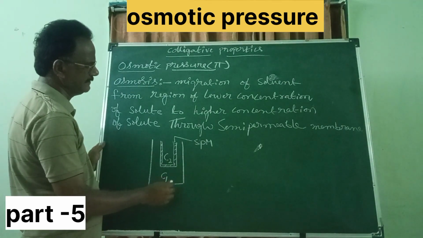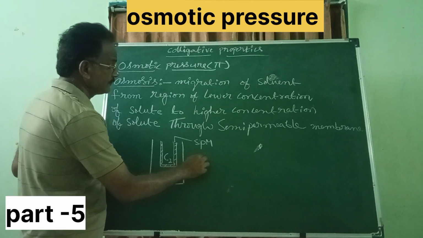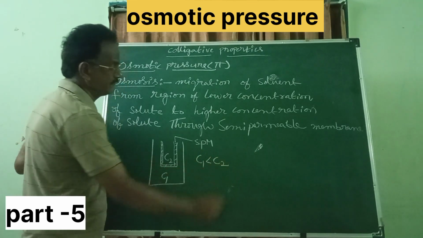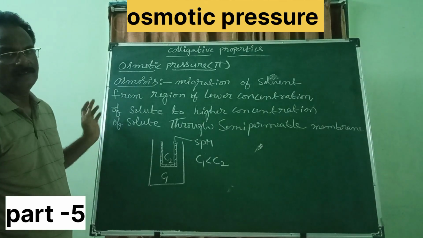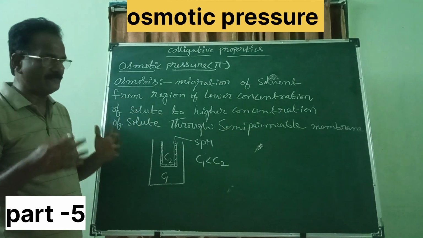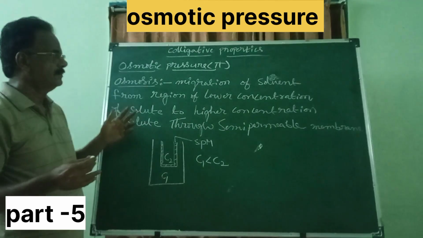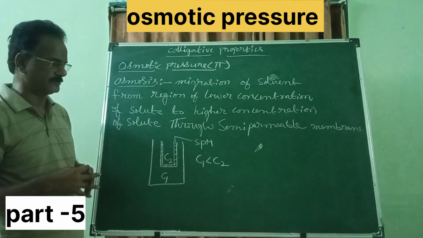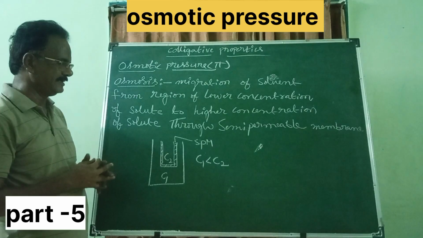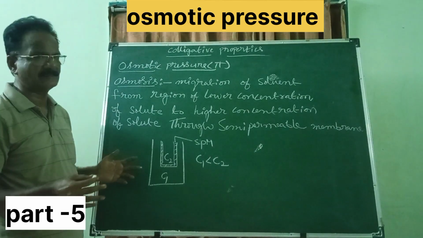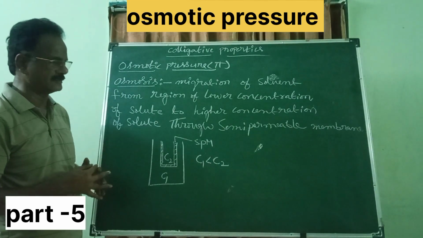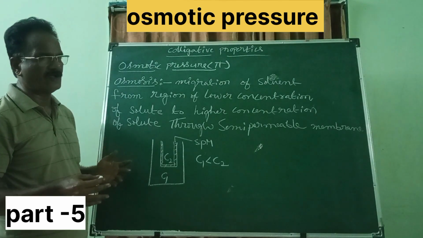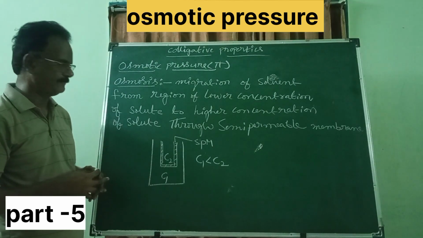So now let us see, if C1 is less than C2, according to the definition, the solvent migrates from lower concentration of solute to higher concentration of solute. So here C1 is the region of lower concentration of solute, and C2 is the region of higher concentration of solute.